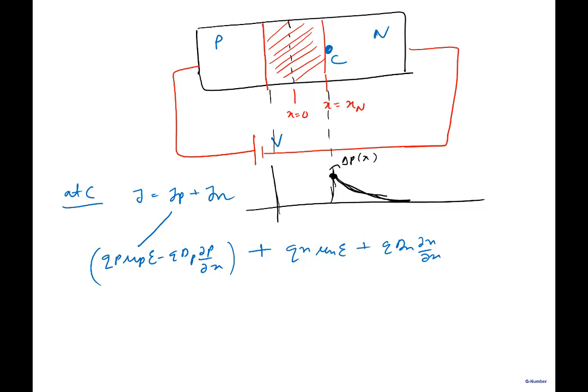At this stage we don't know exactly how it is falling. We also know that the bottleneck to current flow is the depletion region. That's where the barrier is. So this region that you see here is not exactly neutral, but quasi-neutral. Whatever voltage I've applied, very little of it will appear across the neutral region.